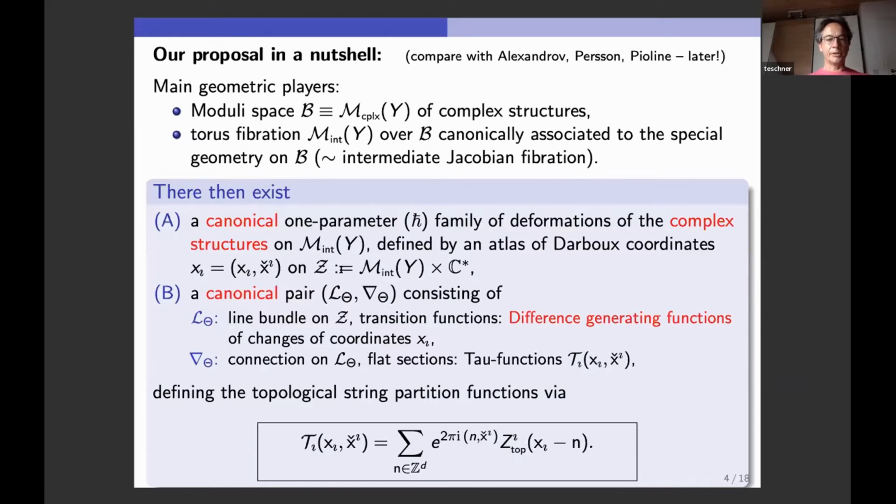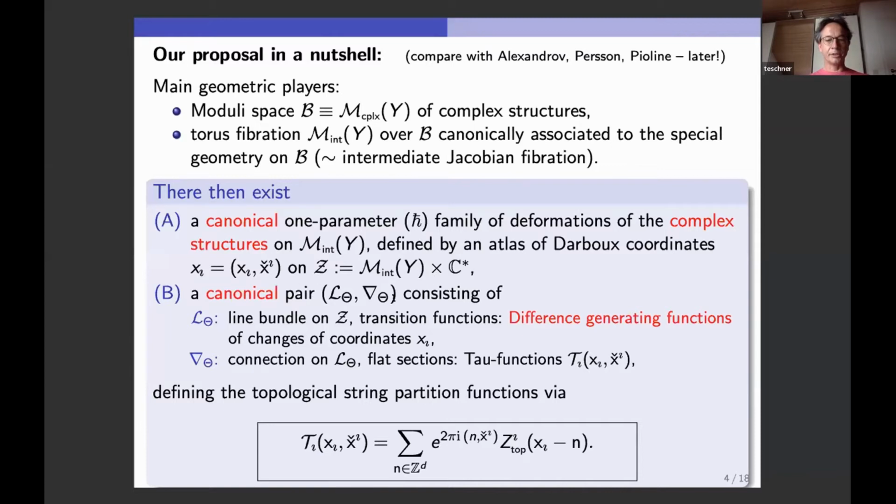The claims are: there exists, on the one hand, a canonical one-parameter family of deformations of the complex structures, and the parameter h-bar here is identified with the topological string coupling constant, which will be defined by producing an atlas of Darboux coordinates on something which is reminiscent of twistor space. And ultimately, I believe it is related to some twistor space. Maybe I have some comments towards the end, but in here it is just introduced as the Cartesian product of M_int with C star.